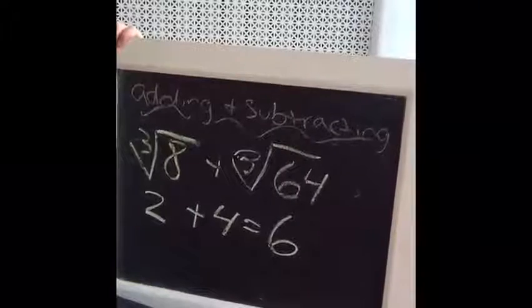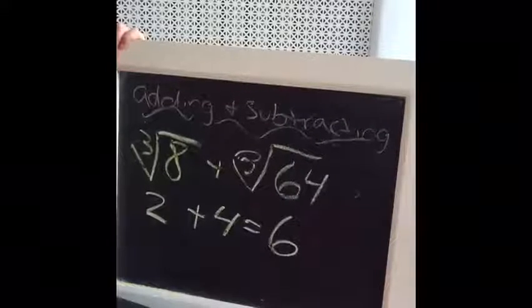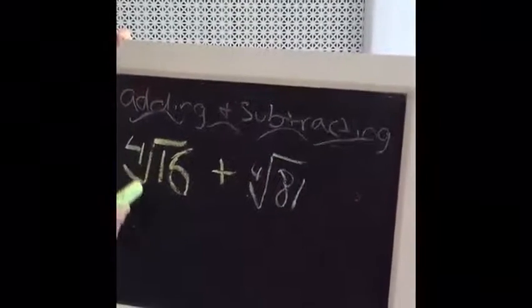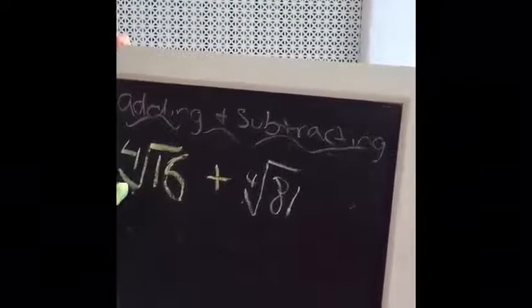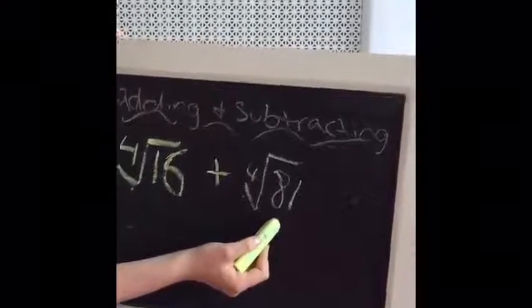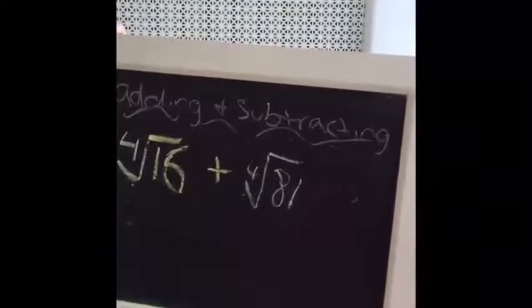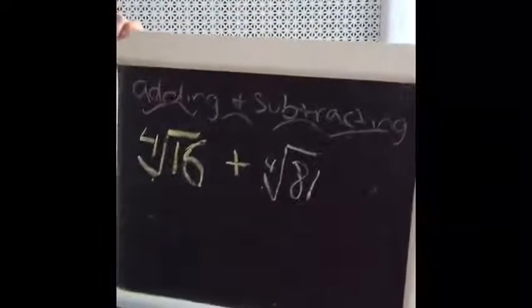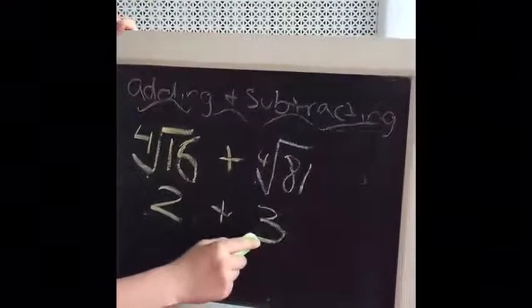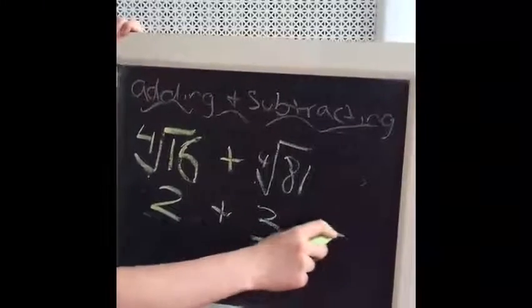First, you simplify the radicals, and then you add or subtract the two numbers together. So again, if you had 4 in the index and 16 in the radical, plus 4 in the index and 81 in the radical, all you have to do is simplify the radicals and then add or subtract the two numbers together. So this would just be 2 plus 3, which will equal 5.